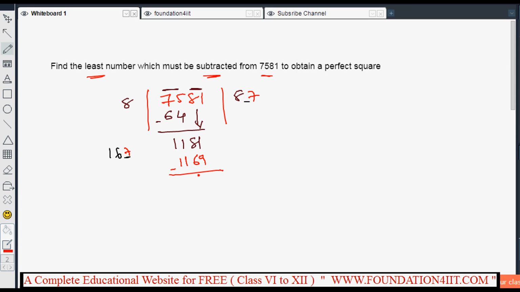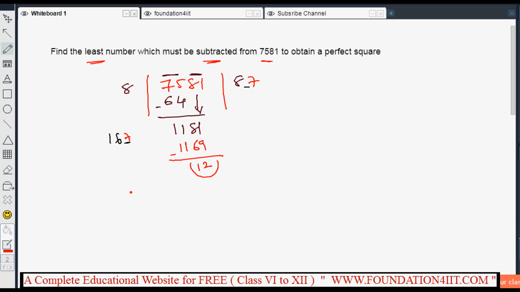Now if you subtract, 12 extra came, right? So from this what we can conclude, 87 square is less than 7581 by 12, because some extra 12 came here.